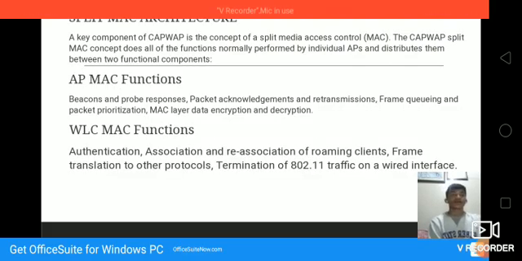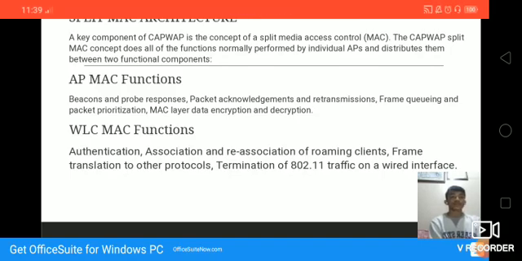Split MAC architecture. A key component of CAPWAP is the concept of split media access control, or MAC. The CAPWAP split MAC concept takes all of the functions normally performed by individual APs and distributes them between two functional components.